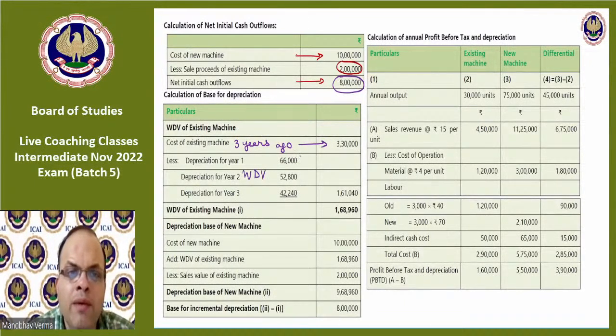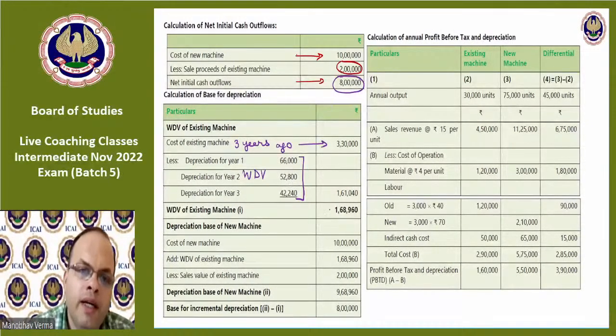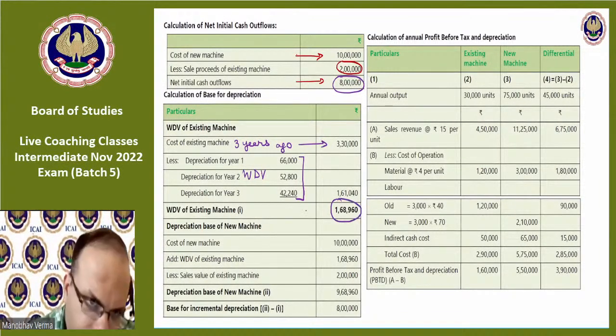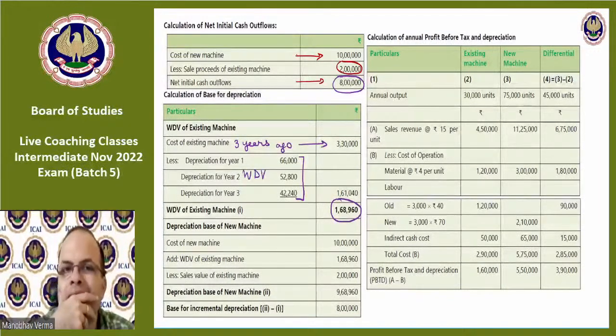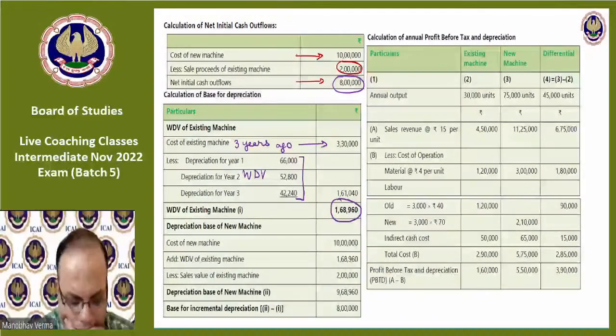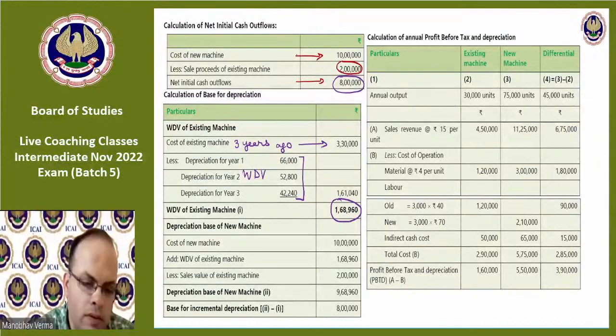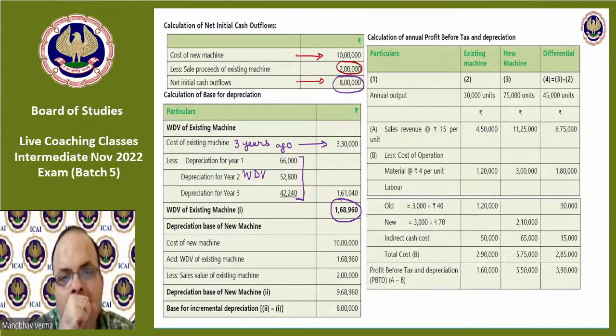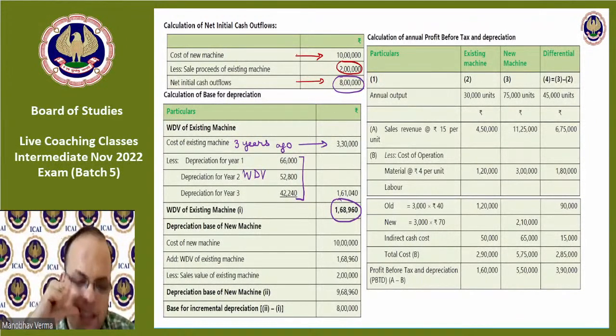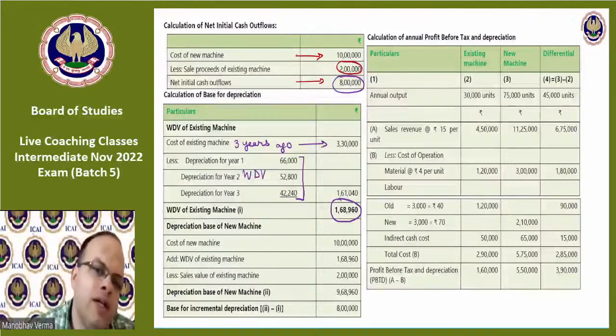My depreciation would have been 66,000, 52,800 and 42,240. So my WDV of the existing machine is 1,68,960. Now please try to understand the block of the asset concept.